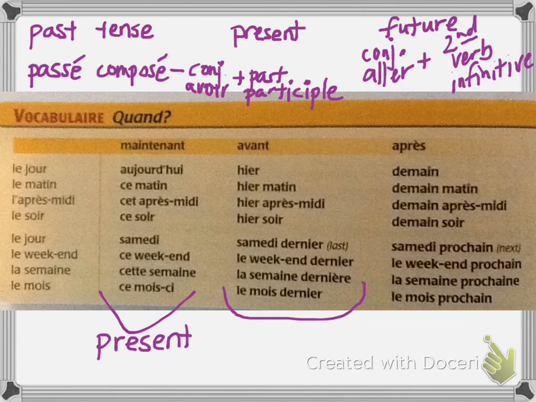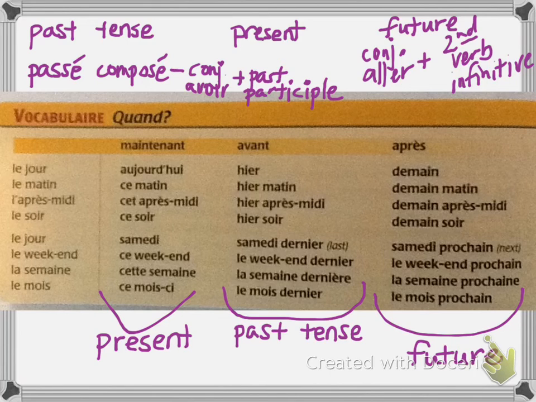If you see this second column of words, this is your clue that your sentence should be in the past tense using the passé composé. And this third column is your clue that your sentence should be in the future tense. So these are pretty useful words. These might be words that you would want to write in your notes, okay?